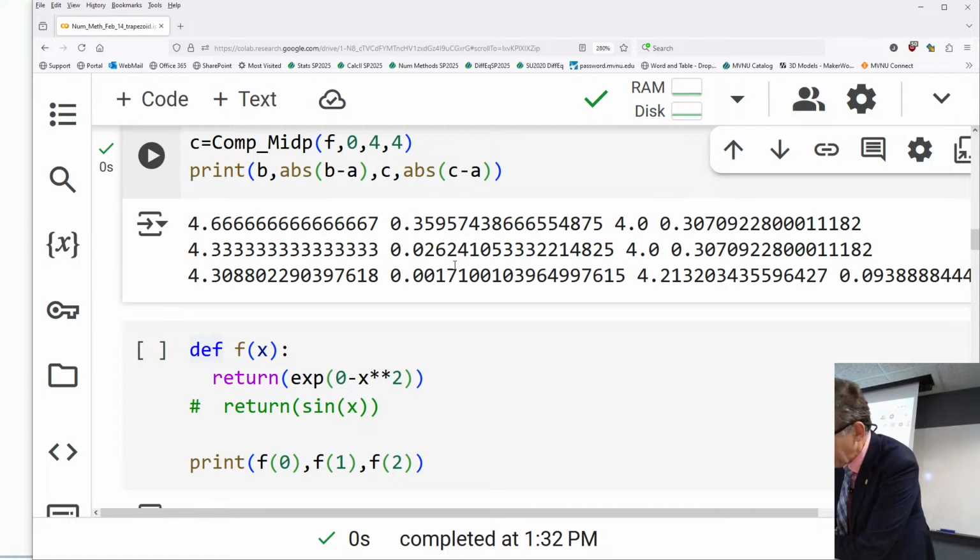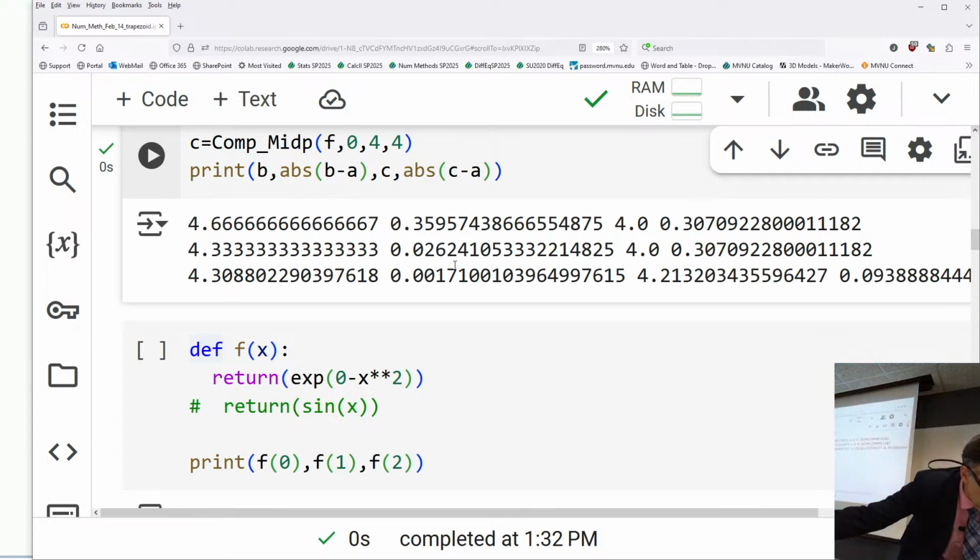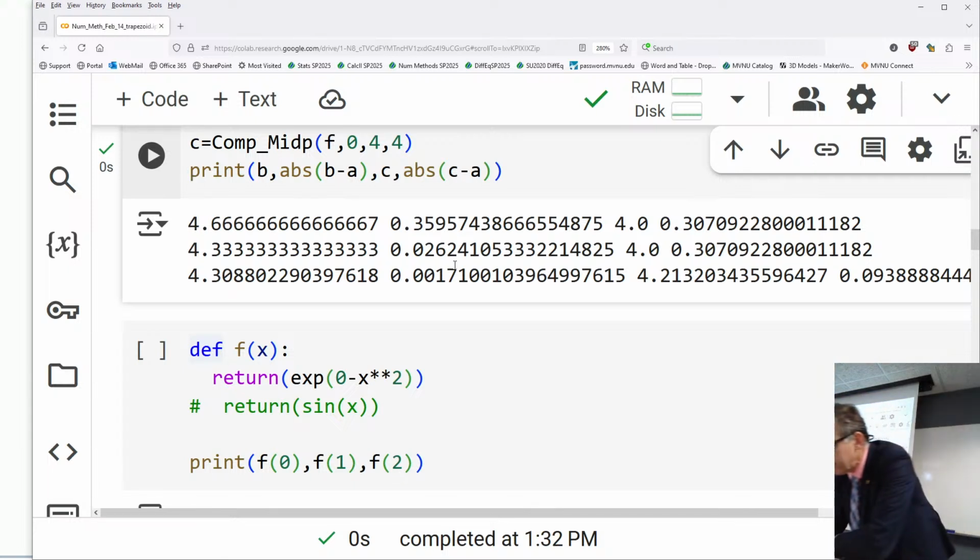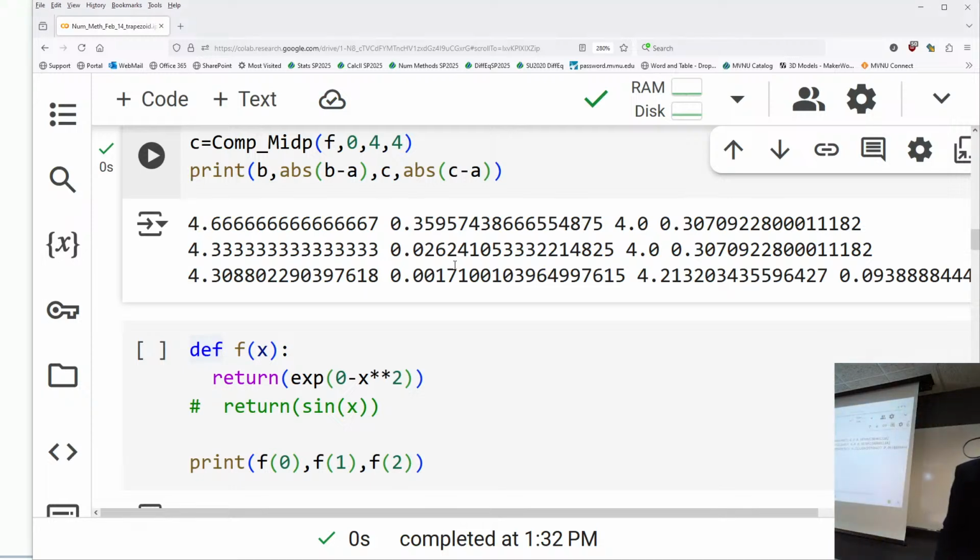I'm going to write this down. 388. Good enough. And then for Simpson's, got us to within 0.00171. Okay, so let's get back to this.